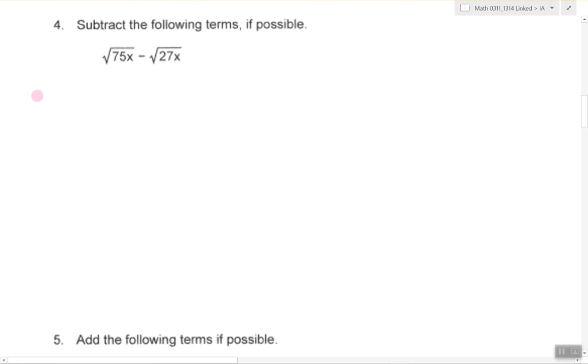In problem number 4, I'm supposed to subtract, and the radicands are not the same, so let me take a minute to come over here and simplify. So I'll start with the square root of 75x.